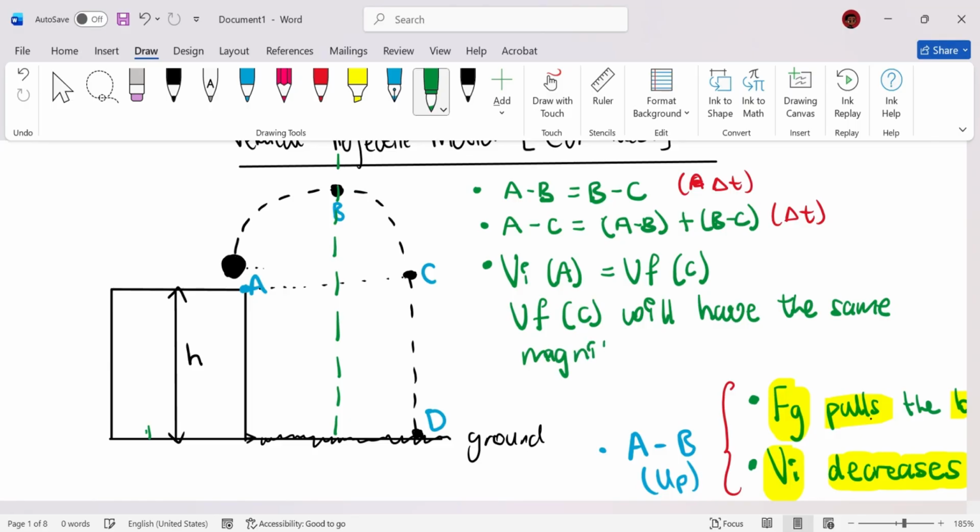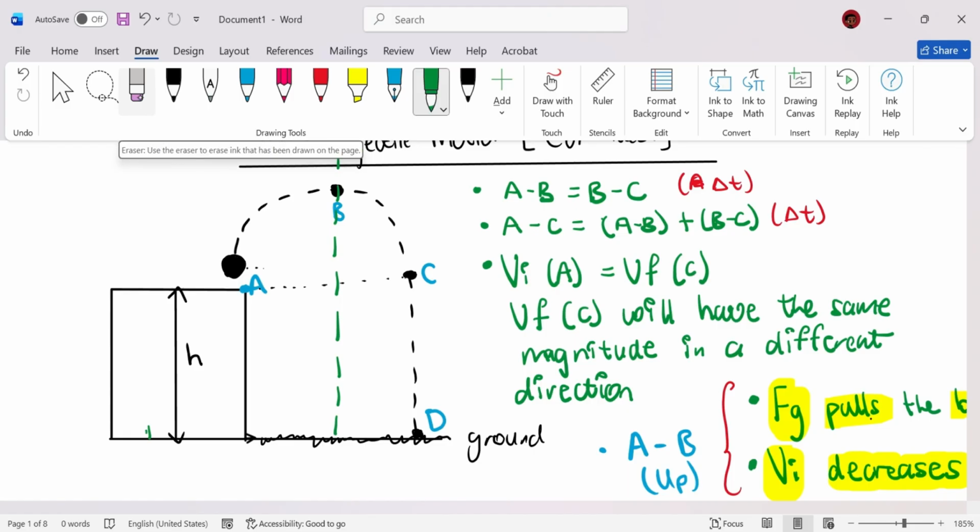It will have the same magnitude as the one at A, but in a different direction, with a different sign. Okay, so these are all the things that you must remember.